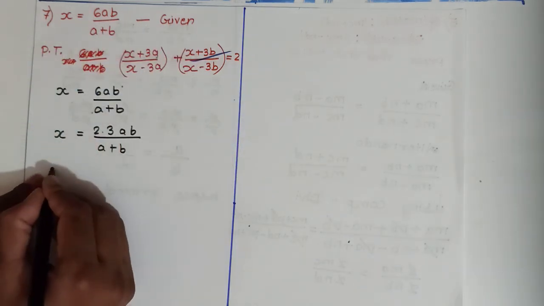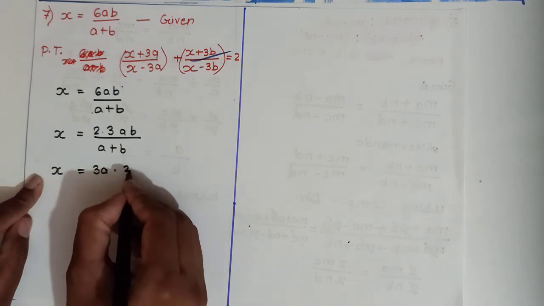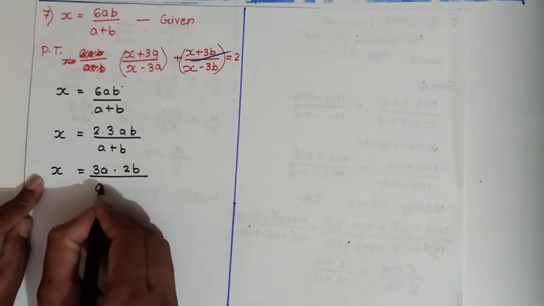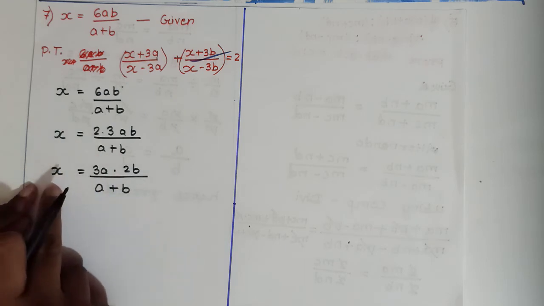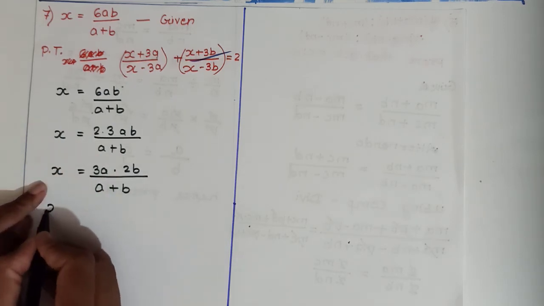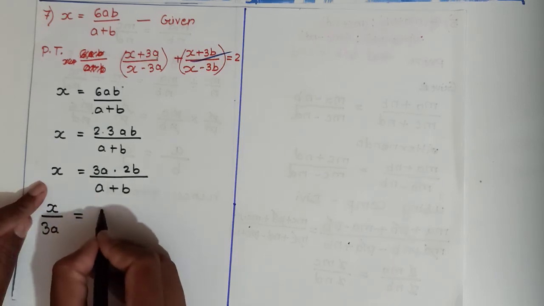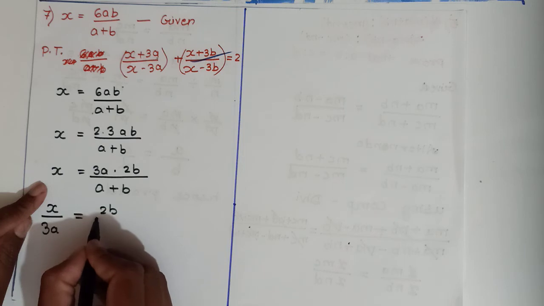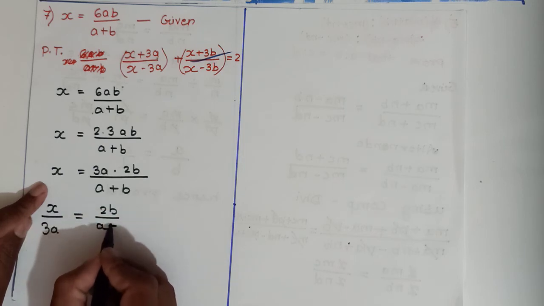So I can make the factors x equals 3a into 2b divided by a plus b. Now this 3a I will bring into the denominator so that my target will be completed. x upon 3a equals 2b upon a plus b.